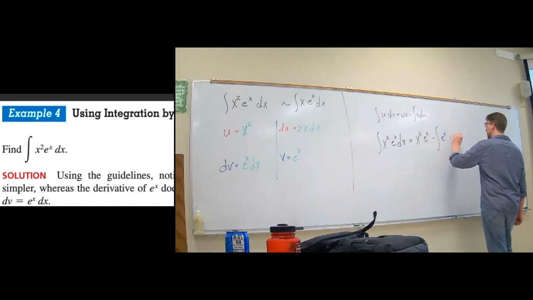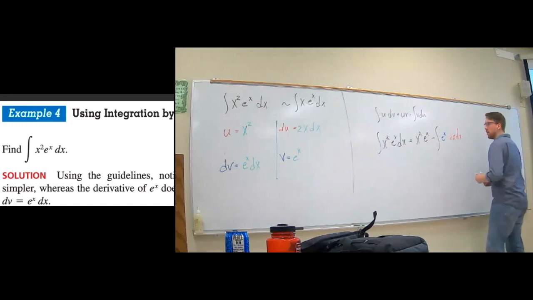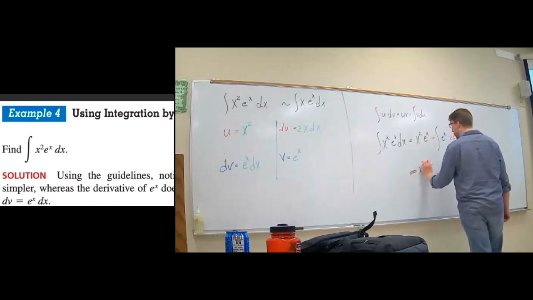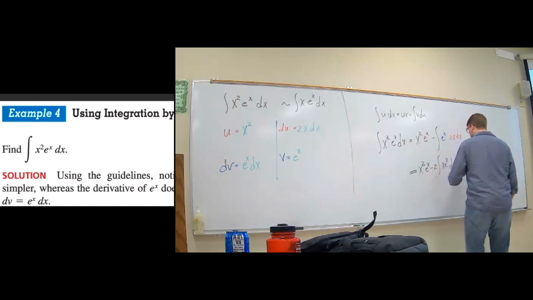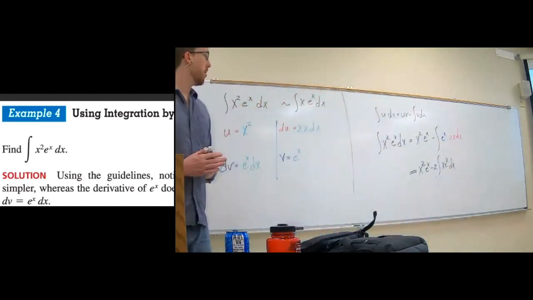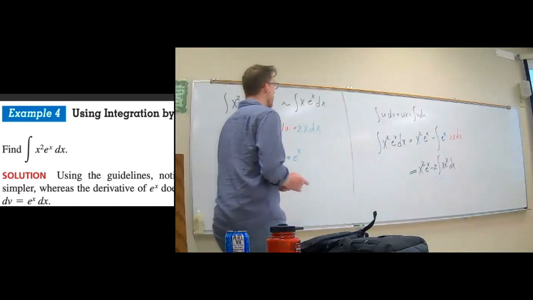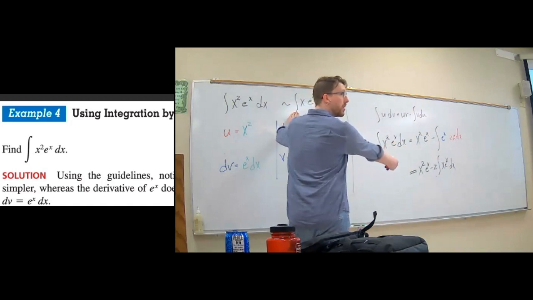We can rewrite all of that as x squared e to the x minus 2 times the integral of x e to the x integrated with respect to x. This is why I pointed out the similarity between these. Because now, you know how to solve this. We're going to have to do this again.